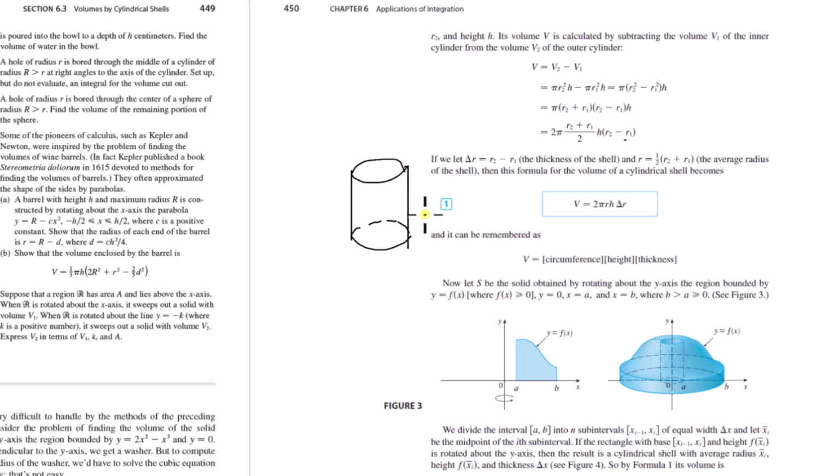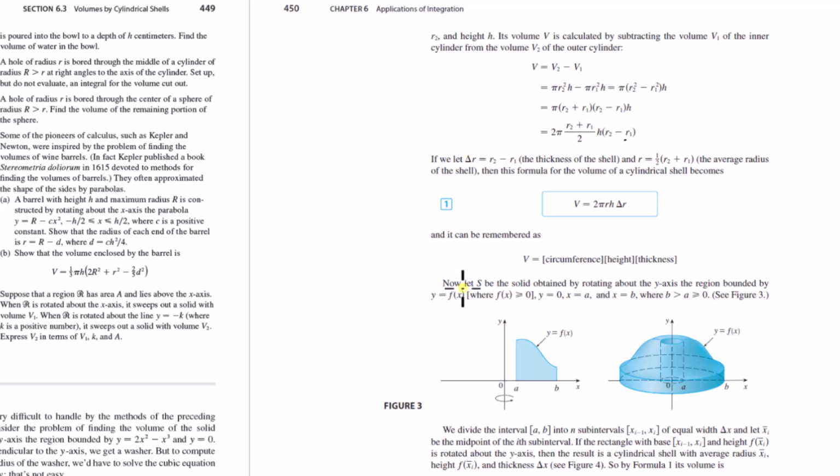Well, they're saying that if you're going to do the volume of a shell, you can look at it like you do 2 pi r, which is the circumference of this average, mid-plane radius of R2 and R1. So you do 2 pi r to get that circumference. Then you multiply by H, so that's like a surface area. Then you do the thickness. So it's an intuitive way to think about the volume of a cylindrical shell.